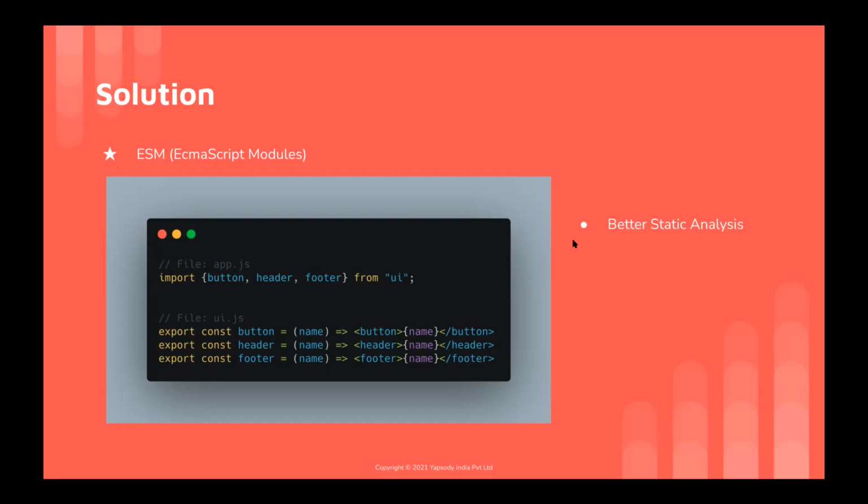So ESM provides better static analysis through its syntax. There's also encapsulation, like what we got from IIFE and CommonJS. It is also included in ESM. It will not leak the variables or functions declared inside a file. The syntax is very convenient.